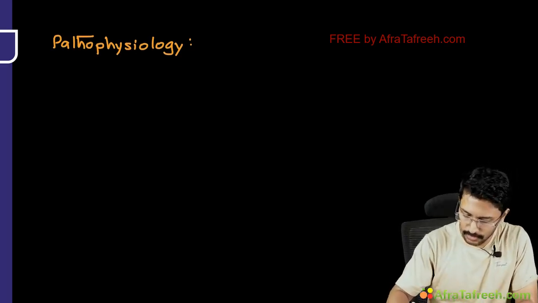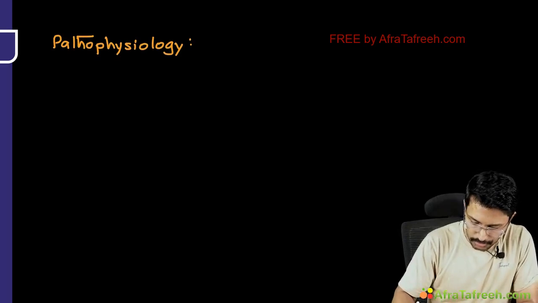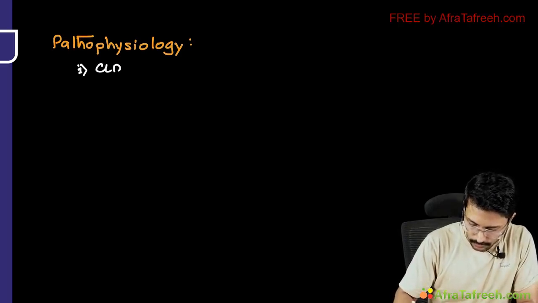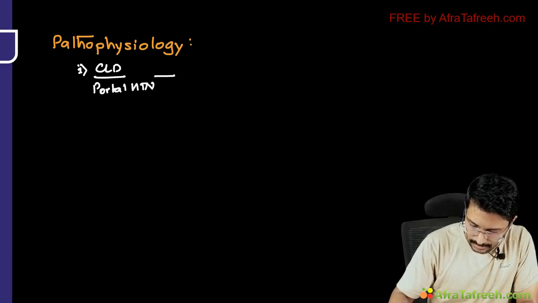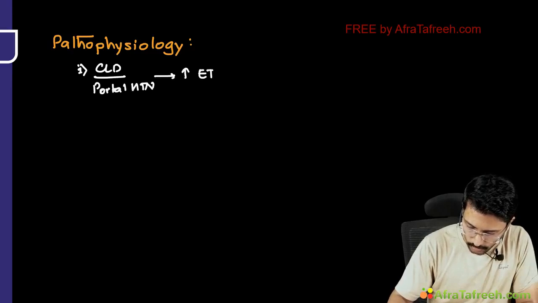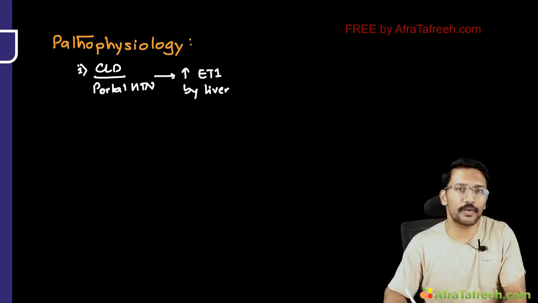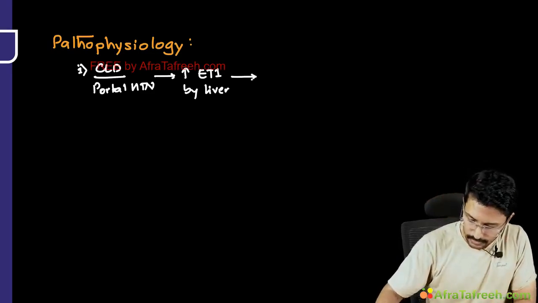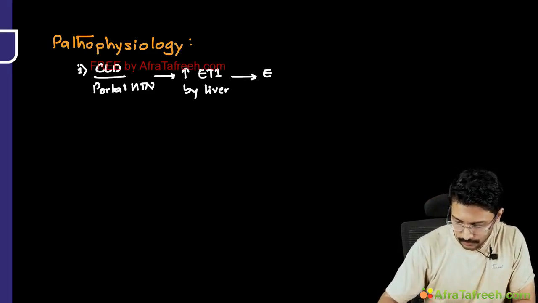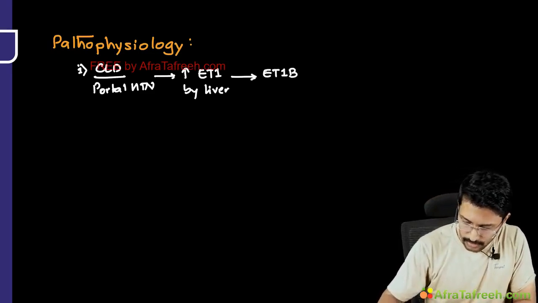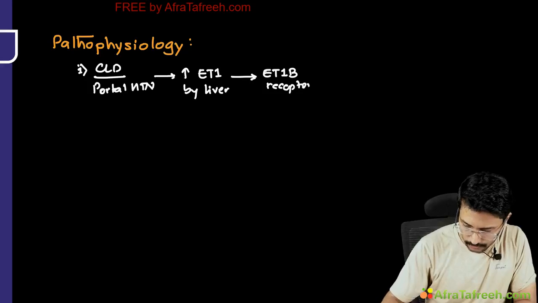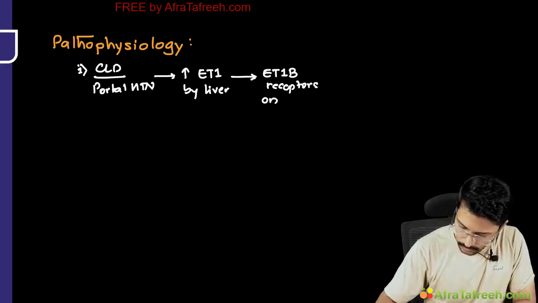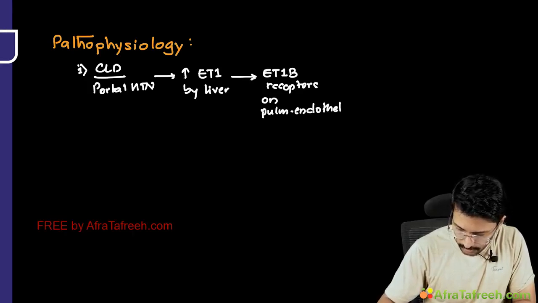Okay, so what is happening in CLD or in patients with portal hypertension? Number one, when you have CLD or portal hypertension, this can lead to increased production of endothelin 1 by the liver. This endothelin 1 reaches the pulmonary circulation, and there it will act on endothelin 1B receptors which are present on pulmonary vasculature endothelial cells, or pulmonary endothelium.